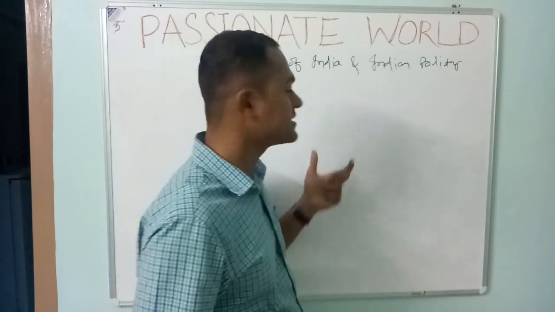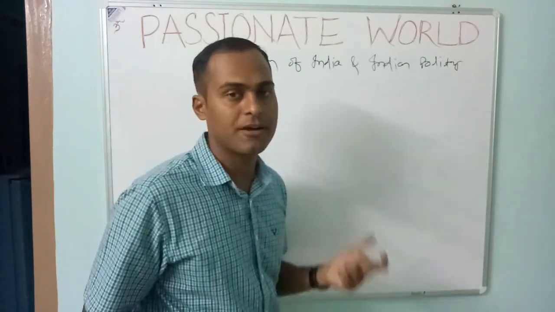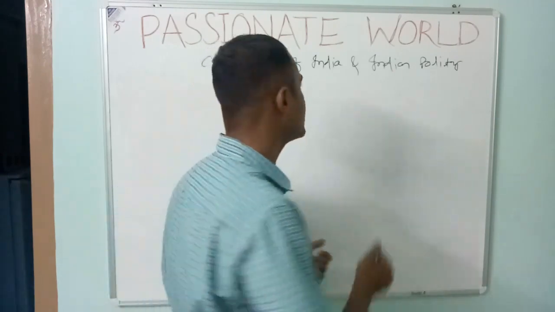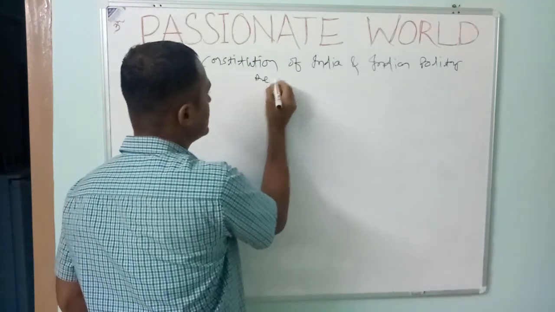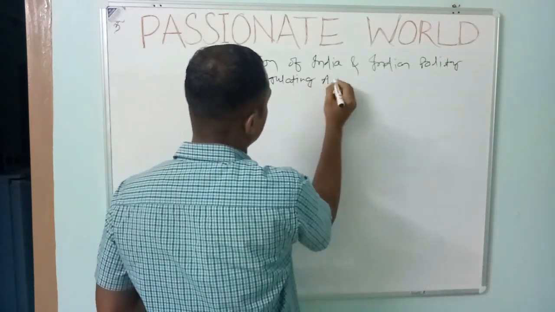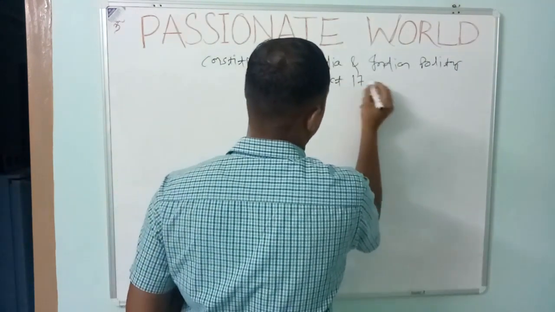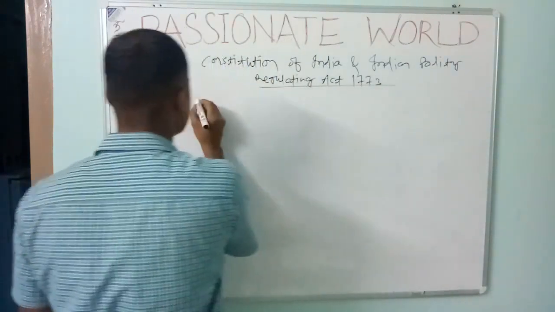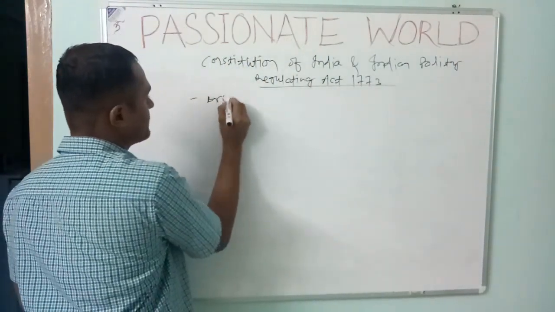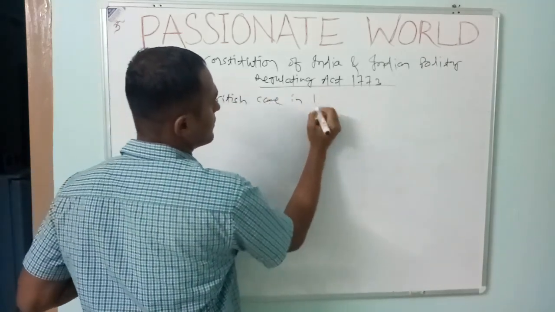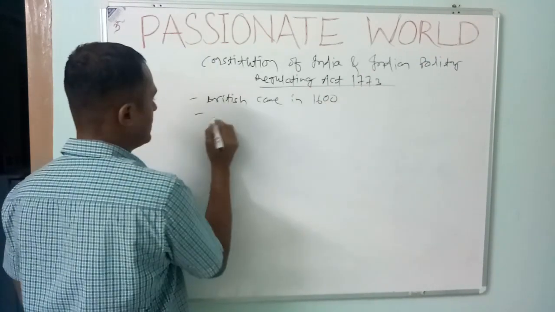So the initial video that we are making, the history of Constitution of India starts from Regulating Act 1773. Everybody knows that British came to India in 1600.